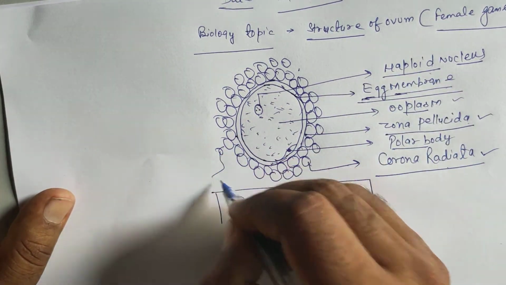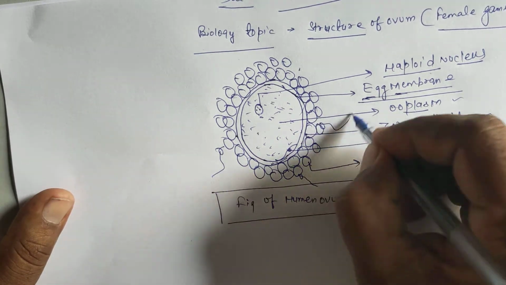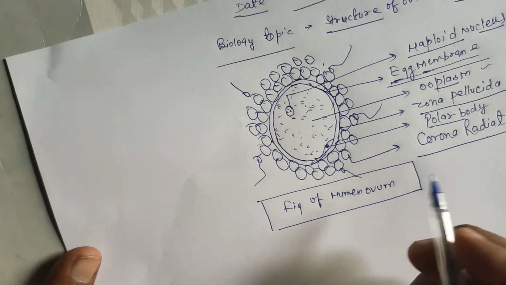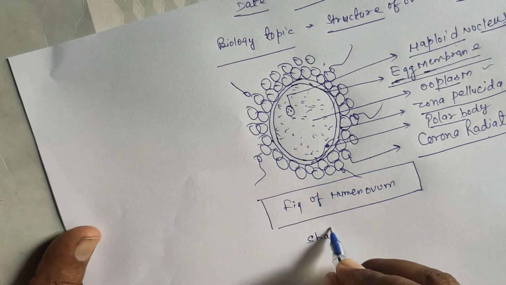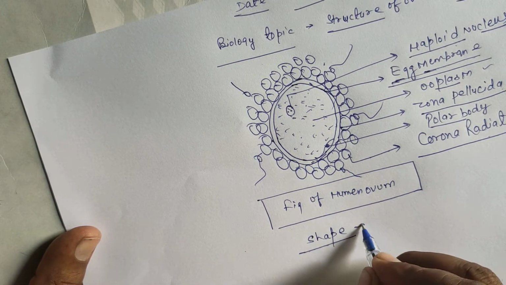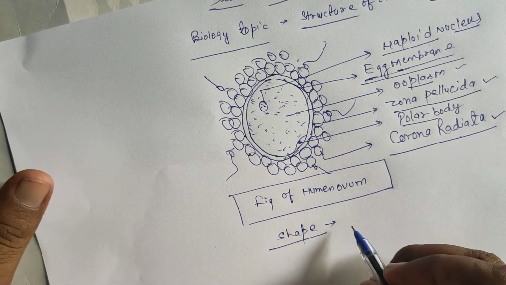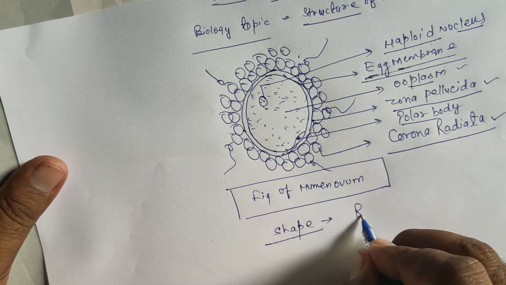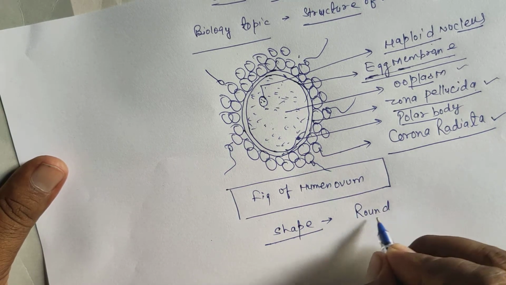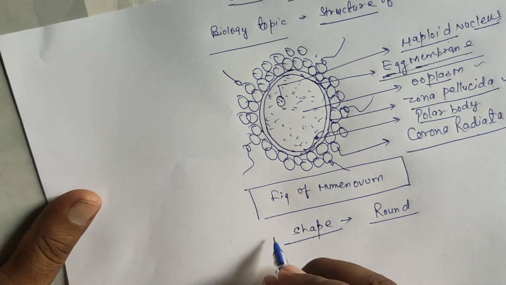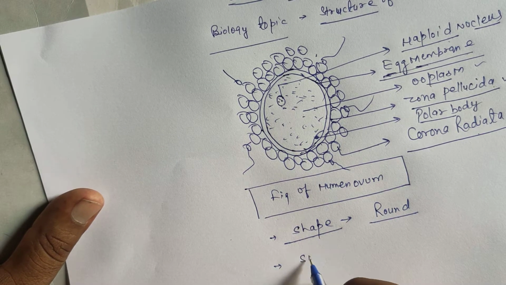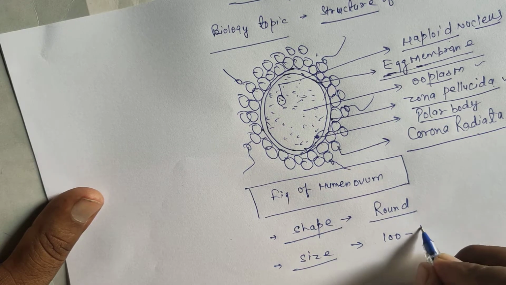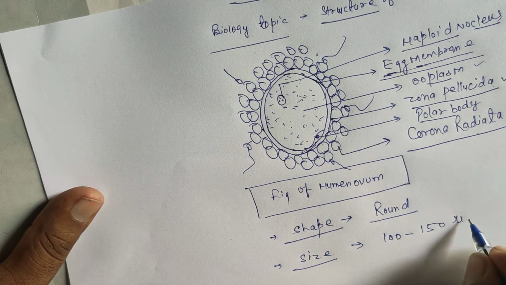It means to have a set of haploid chromosome. Next, this is sperm. First, some specific points related to structure of ovum. First, shape of human ovum is mostly round shape. Second, size of human ovum is 100 to 115 micrometer.